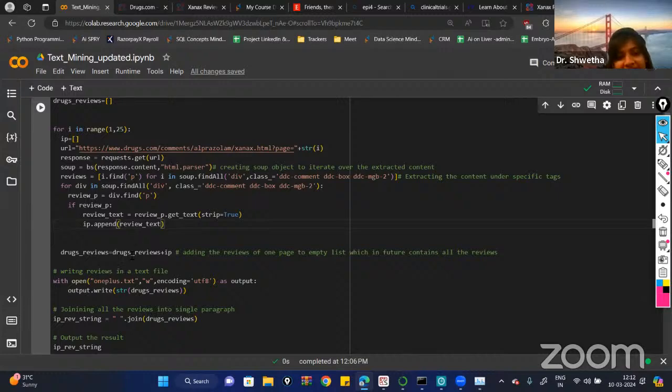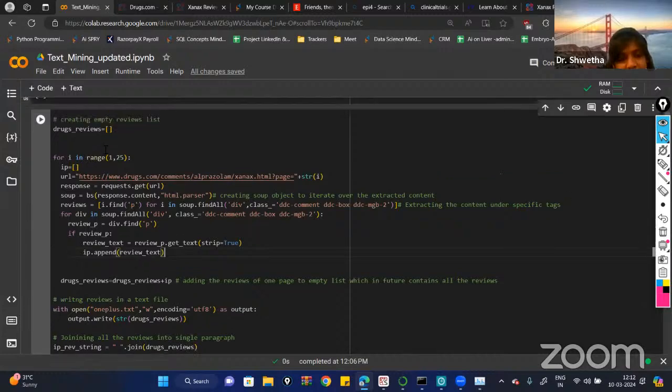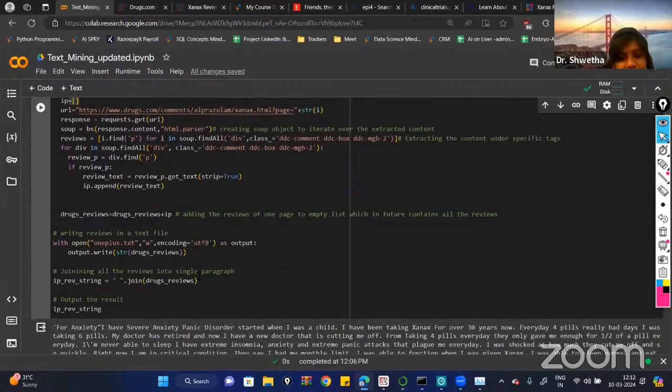Now you are adding this list into the drug reviews and then iterating for all the other reviews. So drug_reviews plus ip. Then adding the reviews of one page to the empty list, which in future contains all the reviews. So all the reviews get stored over there.